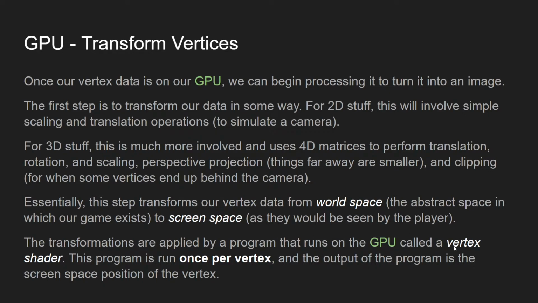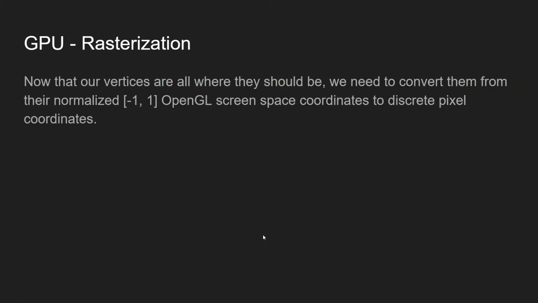So these happen in a program on the GPU that we will write called a Vertex Shader. It's run once per vertex, and the output of the program is the screen space position of the vertex. Okay, now let's talk about rasterization, which is that automatic process that happens on the GPU that we don't have any control over.